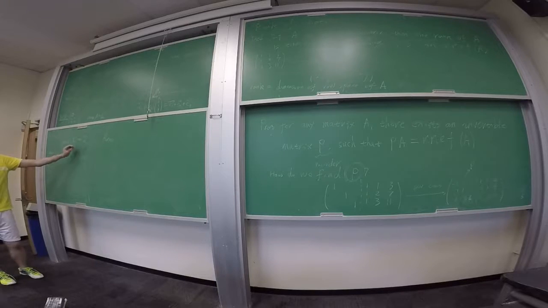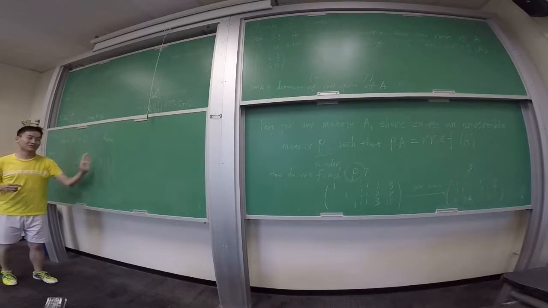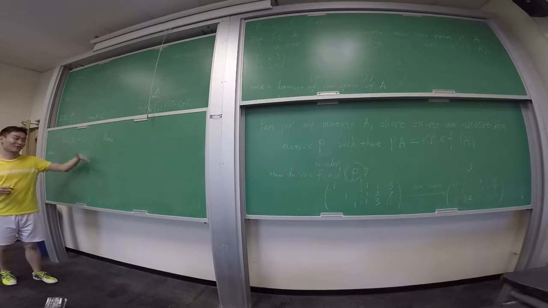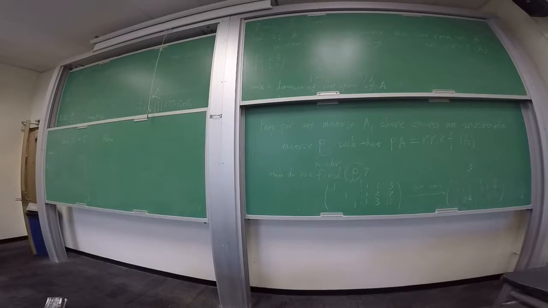What is a zero-dimensional space? It is simply a point, right? So that means you can't include any non-zero vectors. Which means all the column vectors are zero vectors, and all the row vectors are also zero vectors. So that's the reason why A must be zero. So the only matrix whose rank is zero is the zero matrix. Okay.